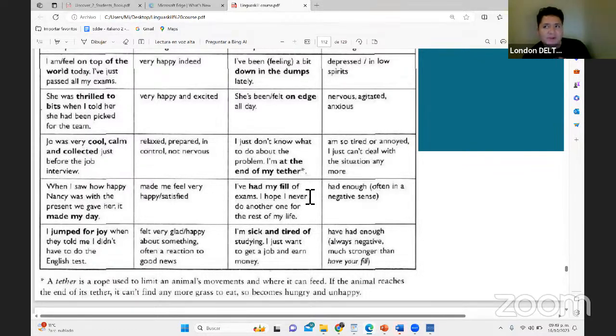Because if you explain your feelings or situations in a very flat, plain way, you will not get a very good result for the test, especially the writing section. So you want to use more expressions that are more natural.